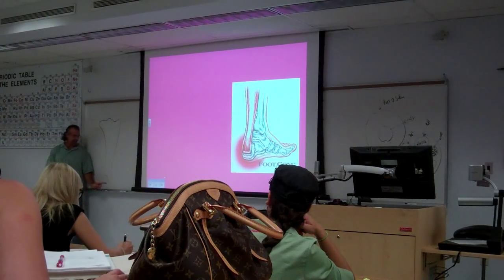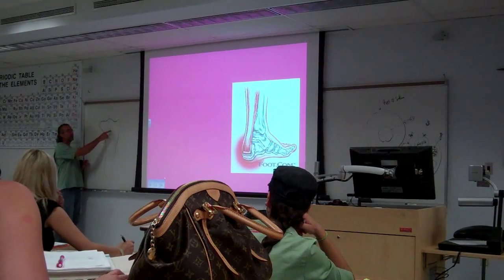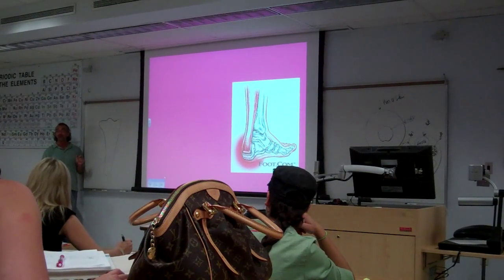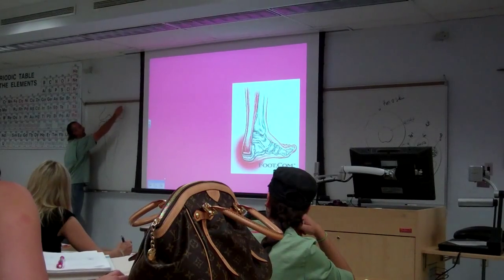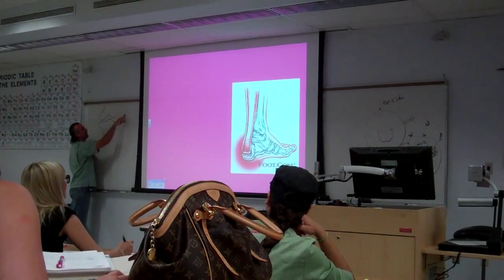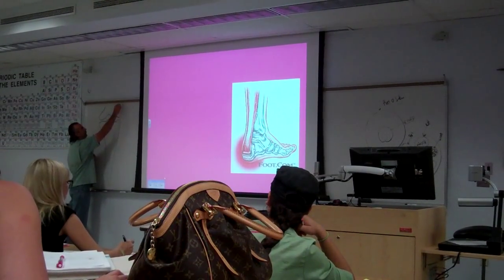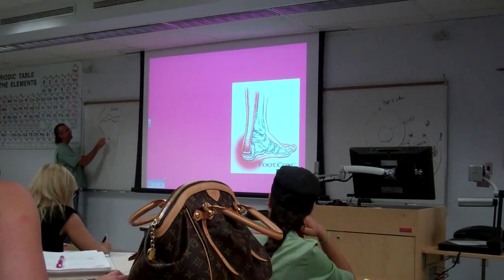What's the name of the bump on the front of your tibia? Tibial tuberosity, right? So your little bump right here, tuberosity.